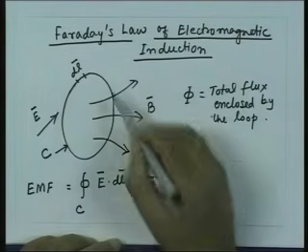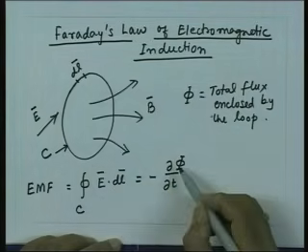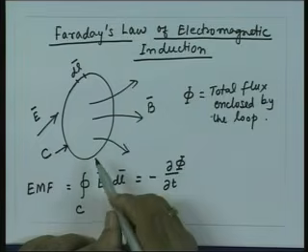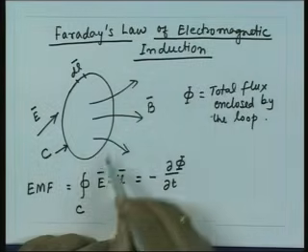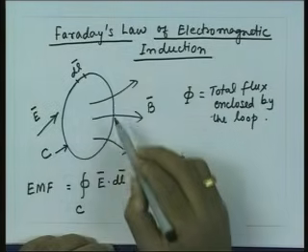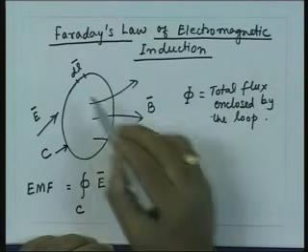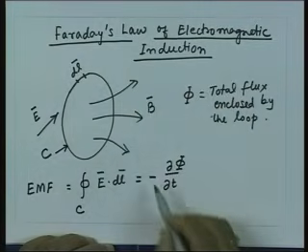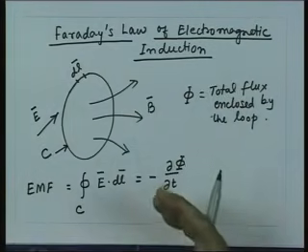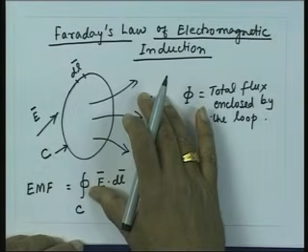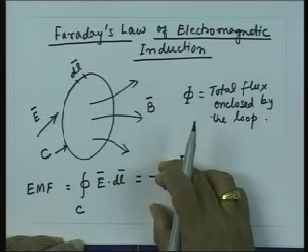So, if I know the total flux enclosed by this loop, I take its time derivative. The negative sign essentially is to account for the fact that the EMF produced is such that the magnetic field produced by that current because of that EMF will oppose the original magnetic field. So, this negative sign is more like a resistance produced to the original magnetic field, and its role is very important.